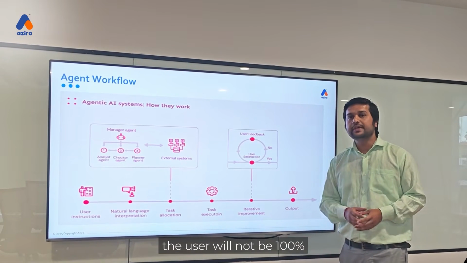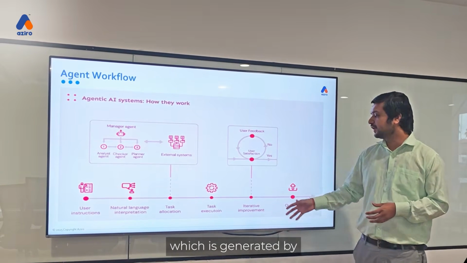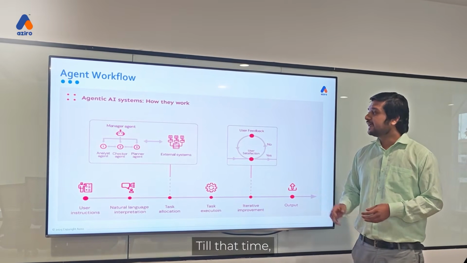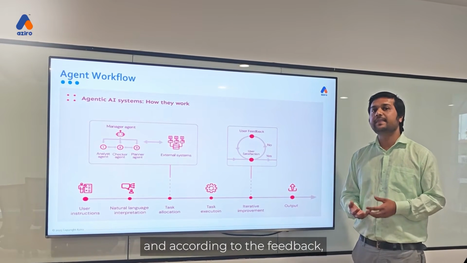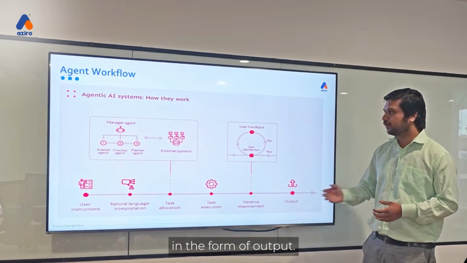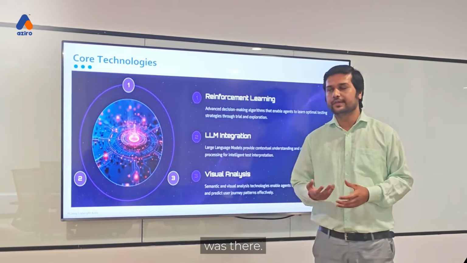So until the user is 100% sure that the output generated by the AI agent is 100% correct, the user can keep giving feedback, and according to the feedback the agents will give a better response in the form of output. So we have seen how the agent workflow works.